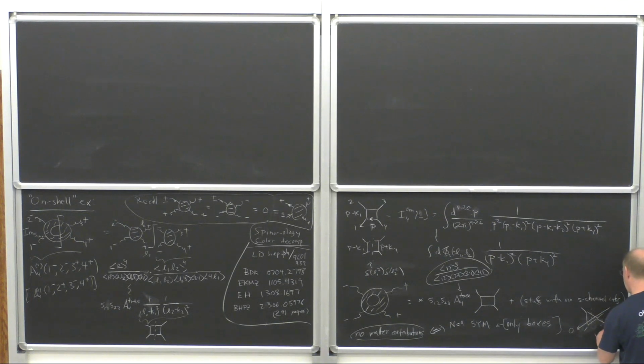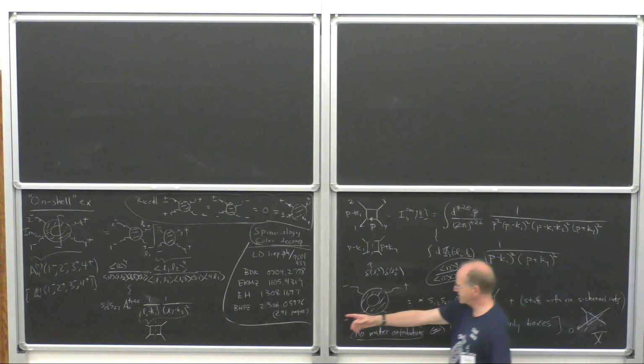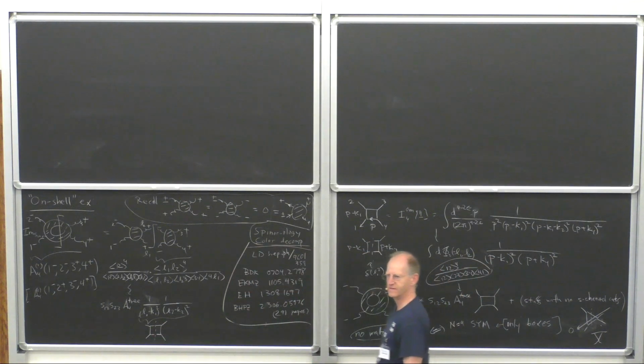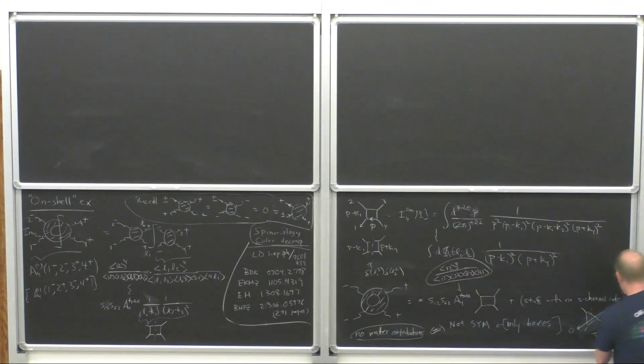But we might still have a triangle oriented this direction, which I call a T-channel triangle. The reason is that this propagator has been canceled, and these cut conditions require both of these propagators to be open. So we could have triangles like this, or we could have a bubble in this direction.